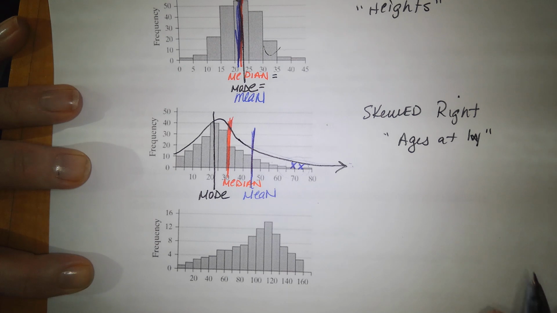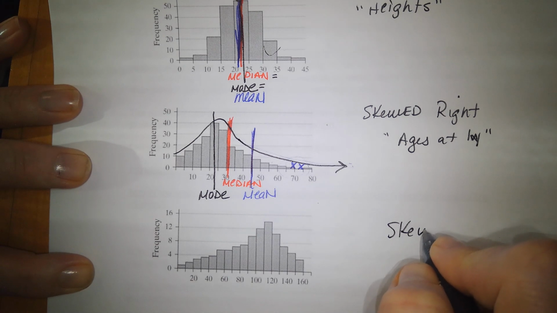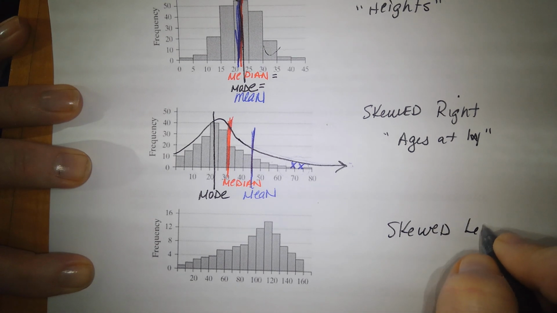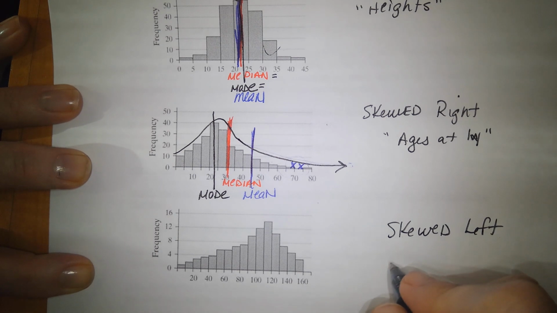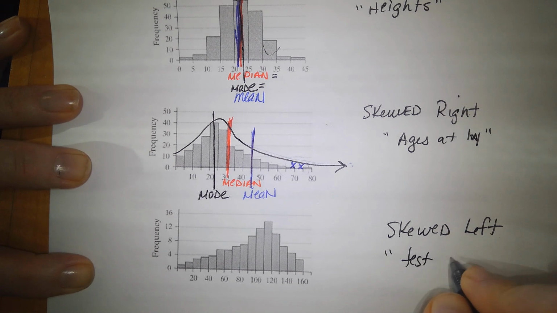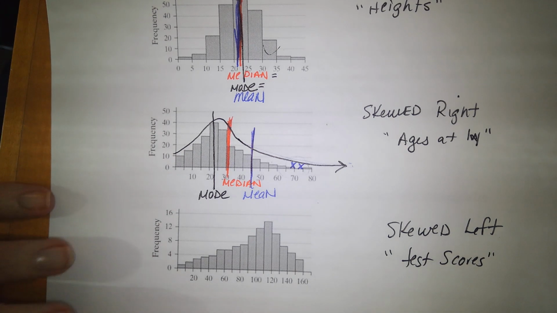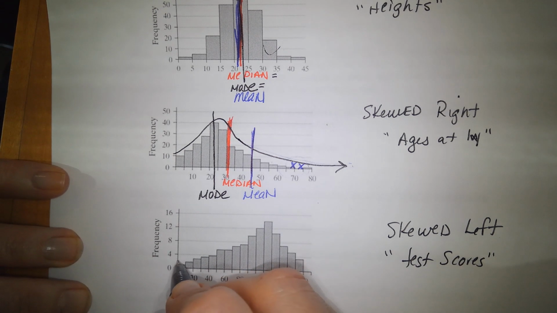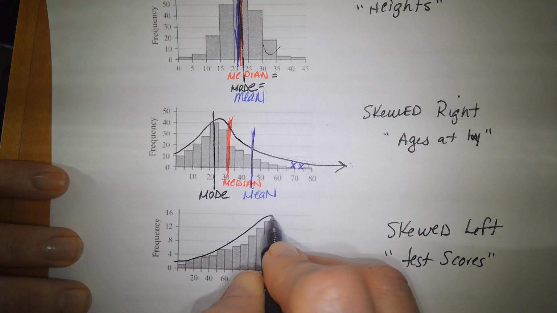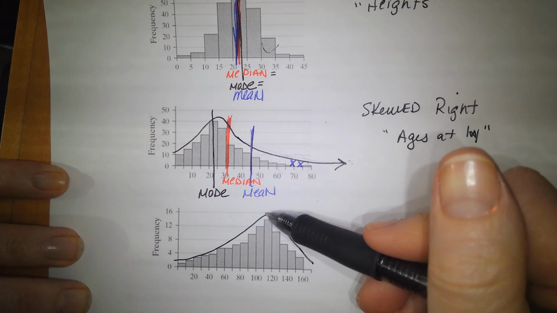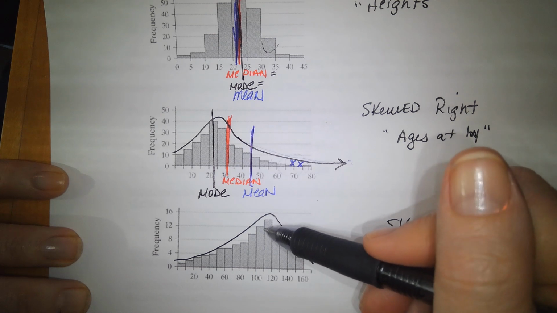The opposite will be true for a skewed left graph. A skewed left graph will be an example of test scores. For example, if I were to give an exam, you would want the bulk of the exam grades to be high, maybe around 80, 90, 100.